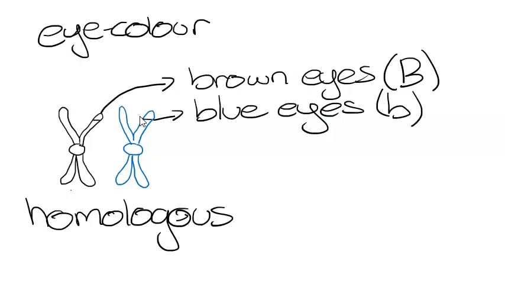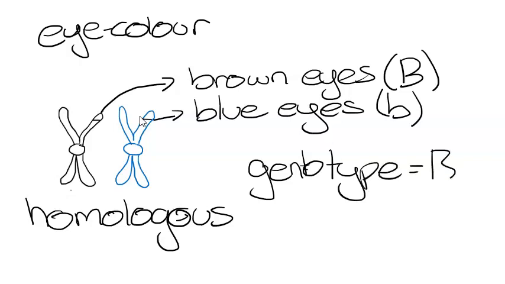So this individual happens to have a capital B and a lowercase b. That is their genotype. Their genotype is big B, little b. That represents what is actually going on in the chromosomes, and that is that they have a brown-eyed allele and a blue-eyed allele.